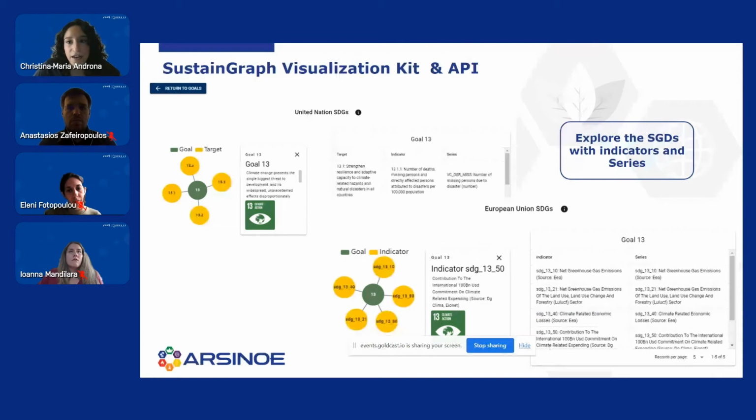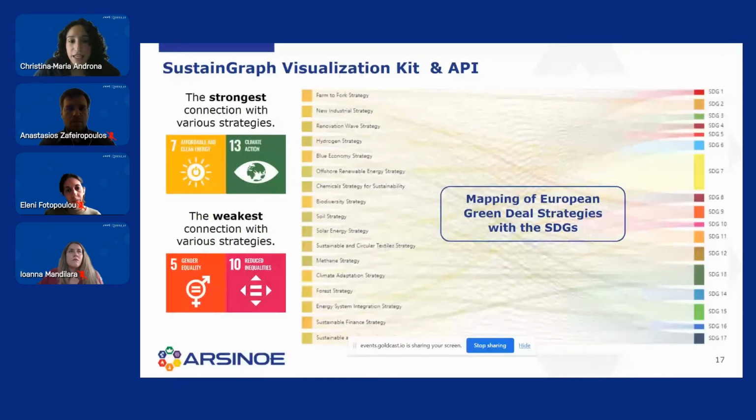So a user can explore the Sustainable Development Goals with the indicators and series that they are related with. They can see useful graphs, for example, mapping of the European Green Deal strategies with the Sustainable Development Goals.